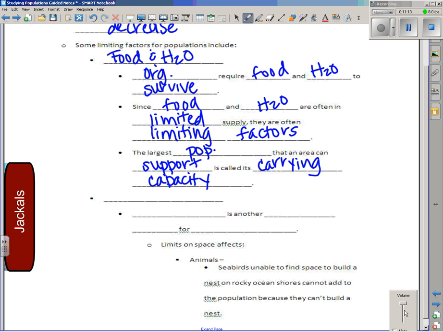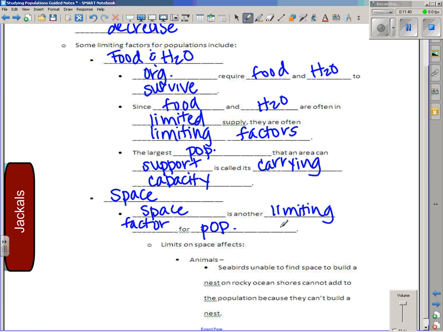Another limiting factor is space. So space is another limiting factor for populations. Whenever you were doing your owl simulation, there wasn't a lot of space in your nest.